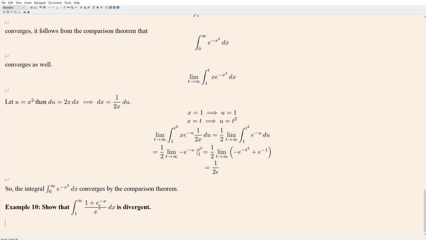Okay, so let's show that this one is divergent. Divergent, not convergent. So, for the comparison theorem, we need to show that this is larger than an integral which is guaranteed to diverge. Well, that's actually not too hard.